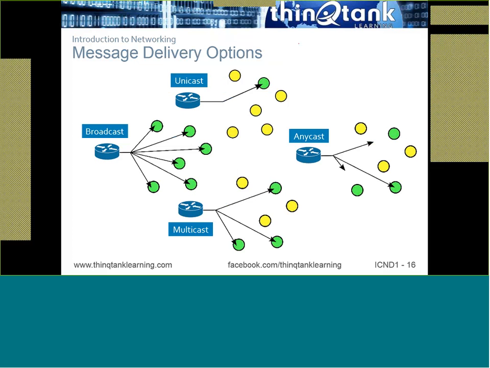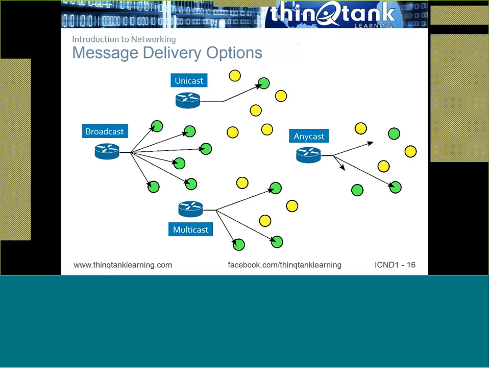Broadcast is when I'm trying to send information from an individual source to lots and lots of destinations, actually all the destinations. All right? There are special types of addresses that we use to send out a broadcast. Broadcasts generally are frowned upon in most networks today. In fact, in IPv6, the concept doesn't even exist, at least not in a traditional sense.